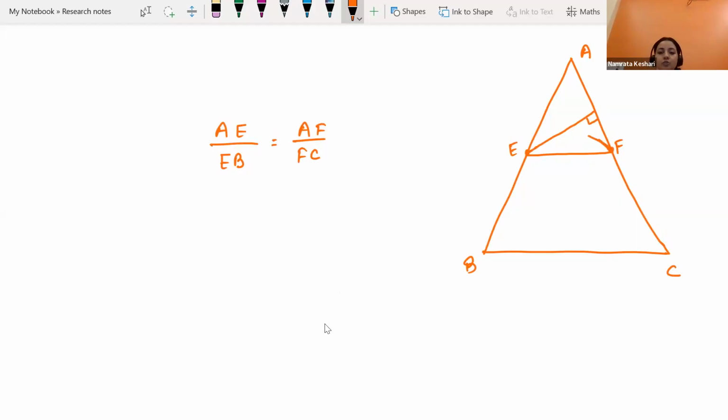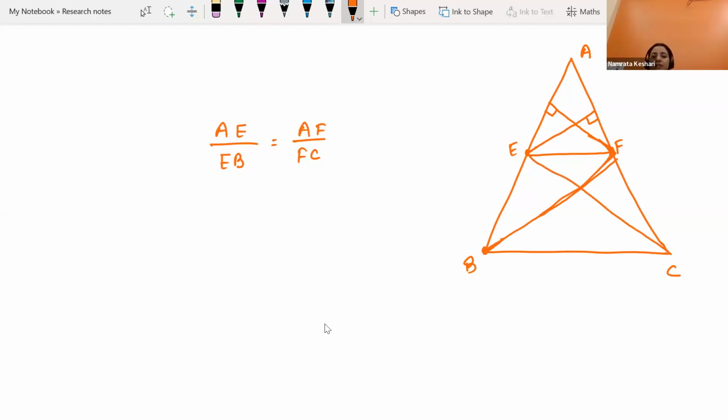When I'm saying altitude, you should understand altitude means 90 degrees, like this. The vertex B and the vertex F, I'm going to join them. And C and E also we are joining.